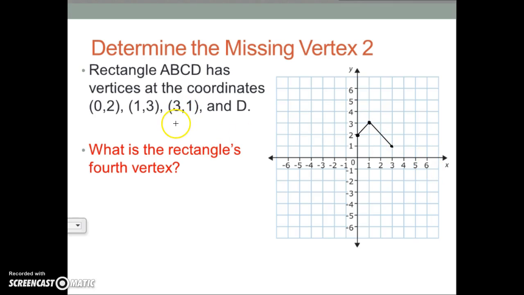So we know that it's a rectangle, so we know that we need to create right angles, but where would our missing point be?